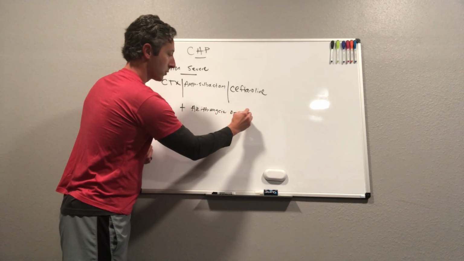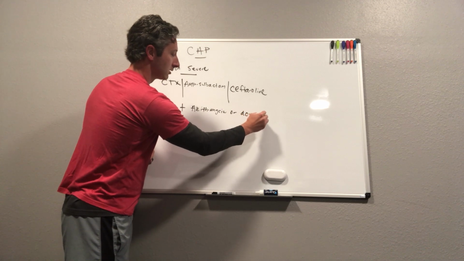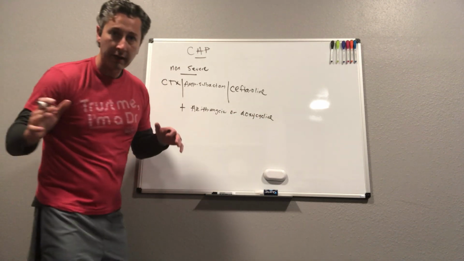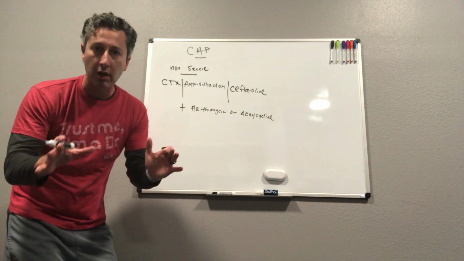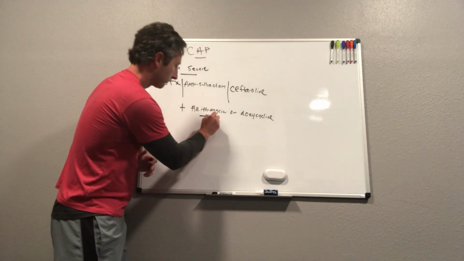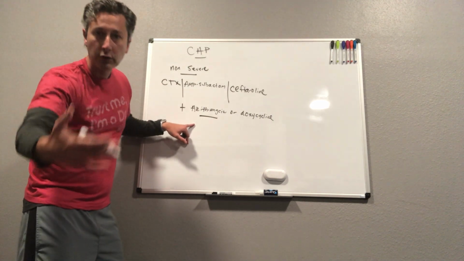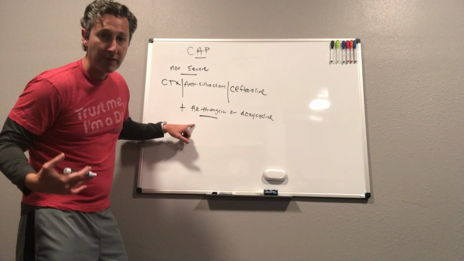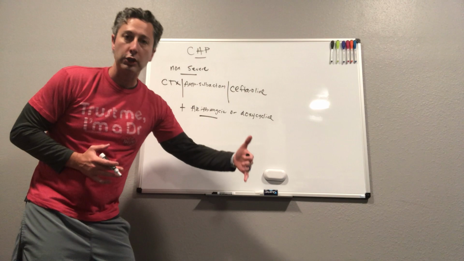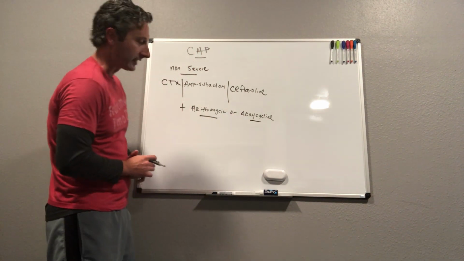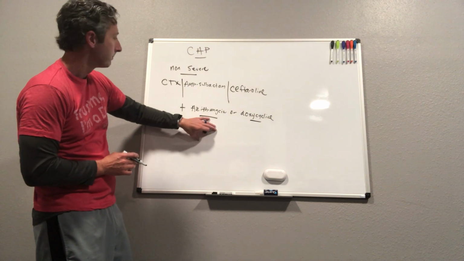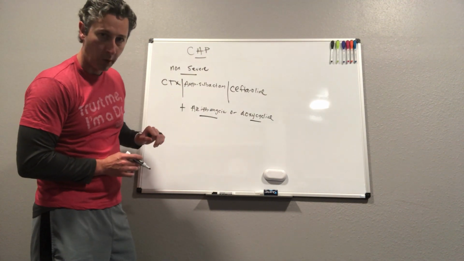or if you have contraindications, board exams love a prolonged QT interval. Board exams love a prolonged QT interval. Fluoroquinolones and macrolides will increase your QT. So if you have that, or you're on another QT prolonging medication, then you want to be going with doxycycline instead of azithromycin, adding it to your beta-lactam, okay?